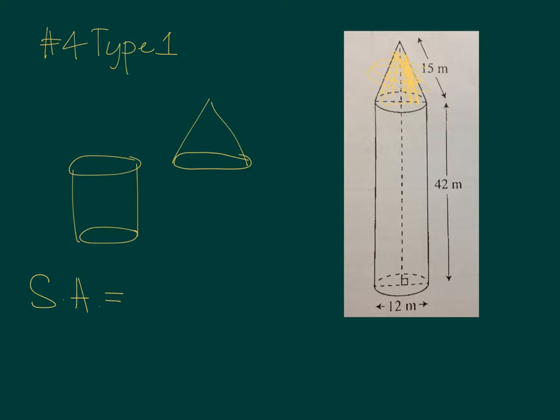Now note the circle, this is very important, the circle is inside the figure, so that is not considered a surface. Okay, so the surface area of a cone can be solved by pi r squared plus pi rl, then that means we do not need the pi r squared, because the pi r squared is the area of the circle here.